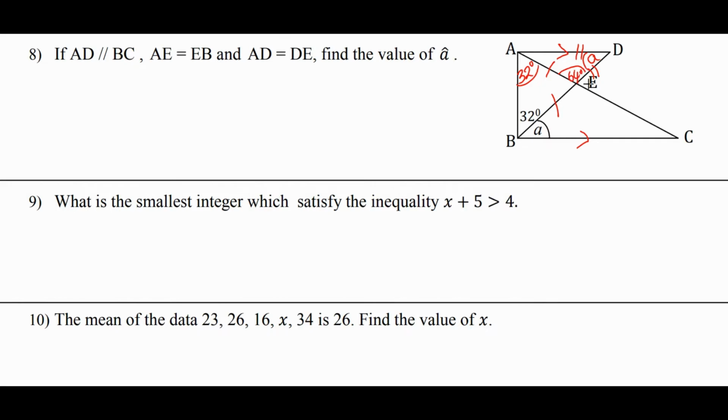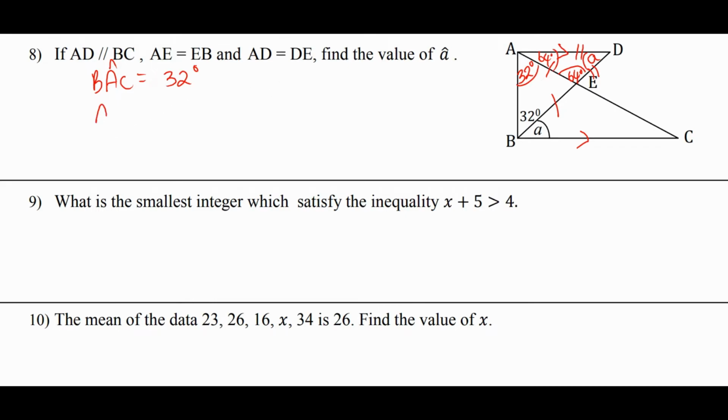And again, we know the ADE triangle is also an isosceles one. Therefore, if this is 64, this must definitely be 64. Then we will calculate the sum of the internal angles of the triangle ADE. Then I can write down the complete answer: angle BAC is equal to 32 degrees.